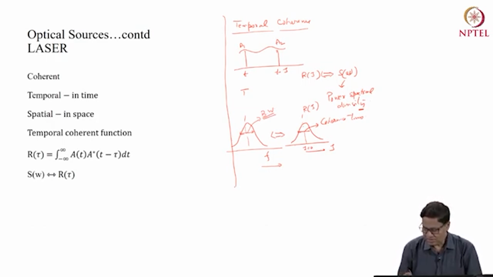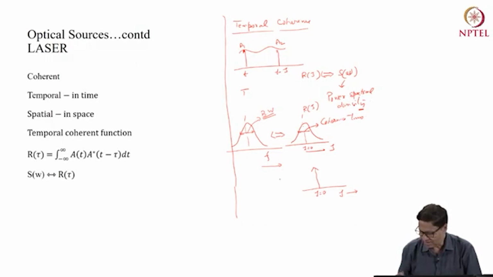Now let us try to understand with some extreme limits. For example, if you have the correlation function something like this, and it is 0 for the rest of the time, it is maximum at tau equal to 0, which means this waveform correlates only with itself, with the same point. Otherwise, it is zero. There is no correlation with any other point in this waveform.